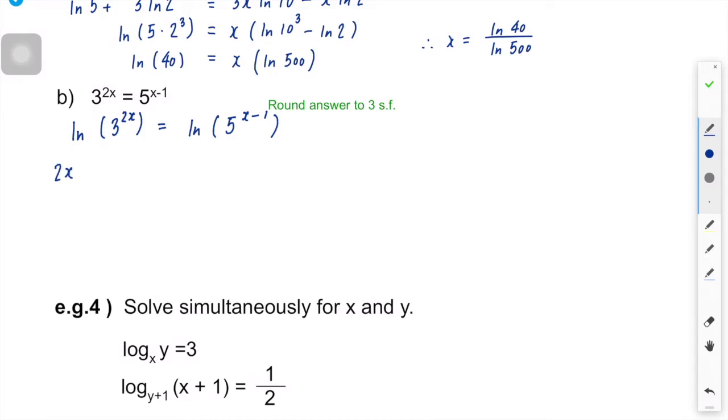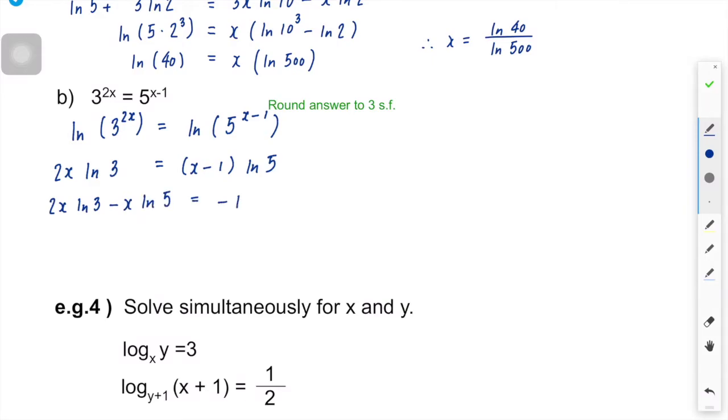Again, using the power of log, I can bring the exponent to the front. Expanding on the right side, it's going to give me two terms. Again, I'm going to gather like terms on the left. So 2x ln 3. When I expand the right side, I get x ln 5. So now I'm going to subtract x ln 5.